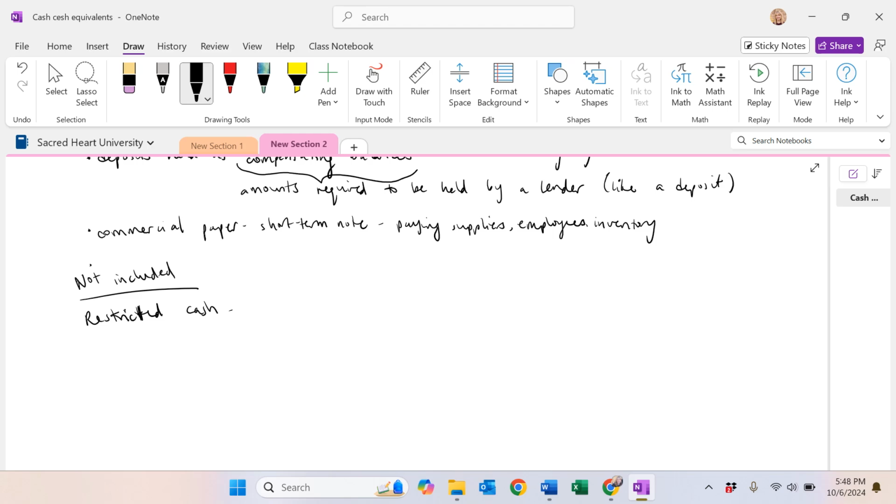It could be the board of directors saying we're not going to issue dividend payments unless we have some cash restricted and set aside for it. So it may be voluntary by management for operational decisions, things like future PP&E or future loan repayment.